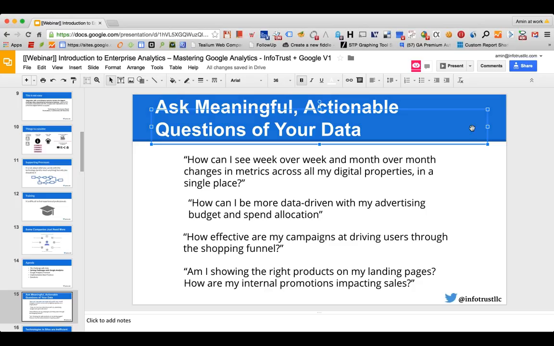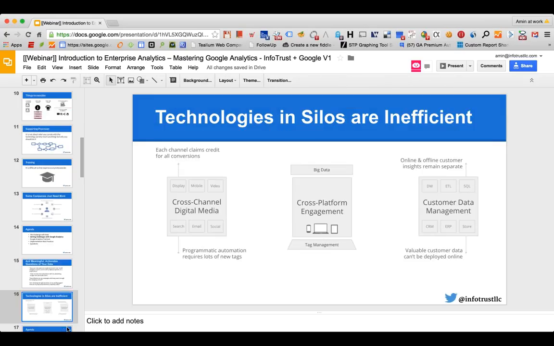And when it comes to get the answers to these questions, you soon realize that technologies are in silos. When it gets to get a proper answer, enterprise users soon realize that here is the challenge. Technologies are siloed, and technology in silos are inefficient. If you look at this slide, you will see on the left-hand part cross-channel digital media.